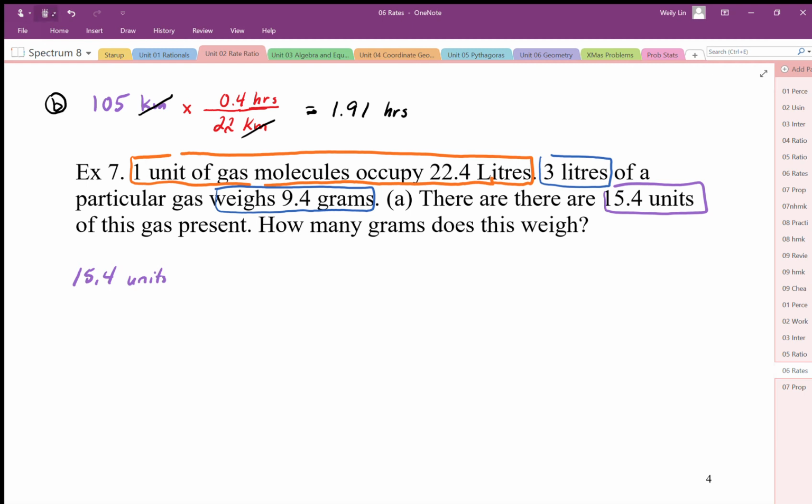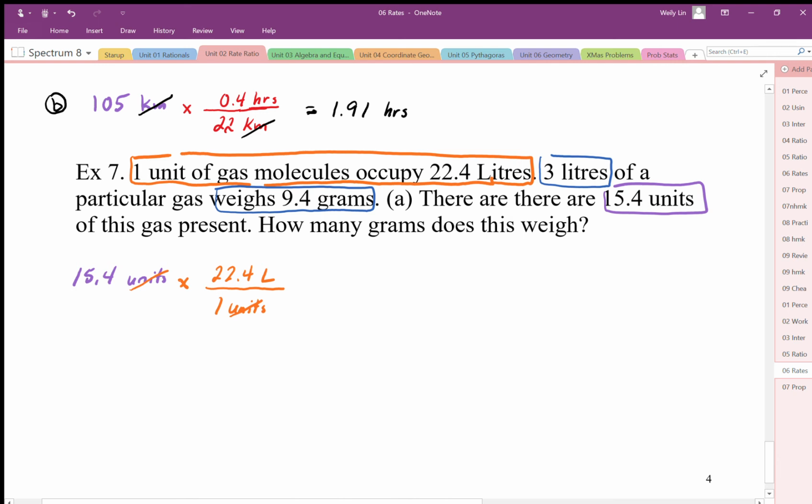So I'm going to start off with my 15.4 units, but I want to get rid of those units and I want to convert it to liters. So I'm going to multiply by 22.4 liters divided by 1 unit of gas. And I know that I got the right orientation because these units are now going to cancel out.